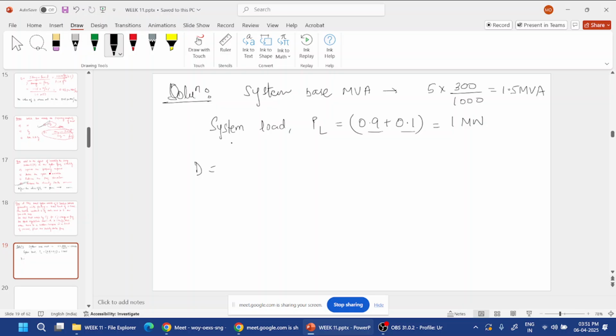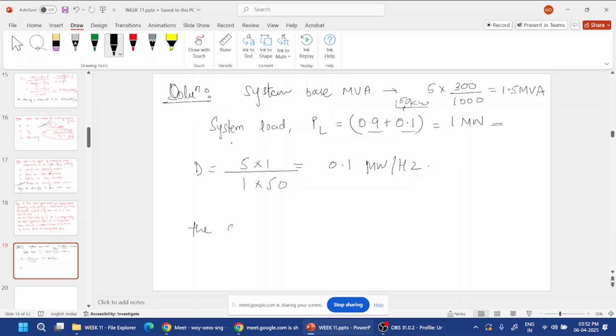Because there is an increase of 100 kilowatt, the total load will come out to be 1. So 5% of 1, into 5 into 1 divided by 1% of frequency, which is 1 into 50. The 100 will cancel out, so it comes out to be 0.1 megawatt per hertz.